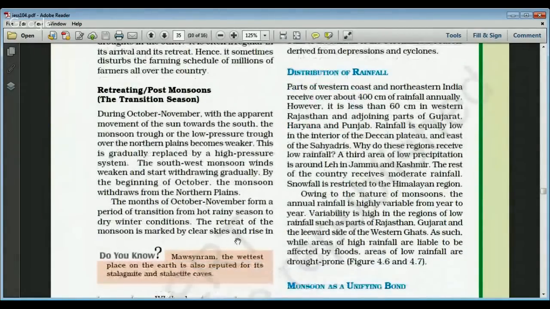Then the last season is the retreating or the post-monsoon season, that is the transition season. It happens in October and November, and it happens because the apparent movement of the sun is towards the south, and that is why the monsoon trough or the low pressure trough over the northern plain becomes weaker, and it is gradually replaced by the high pressure system, and the southwest monsoon weakens and starts withdrawing gradually.